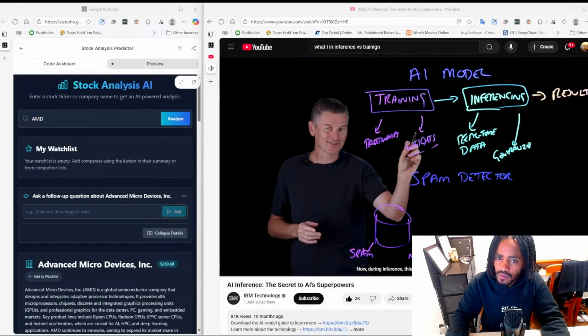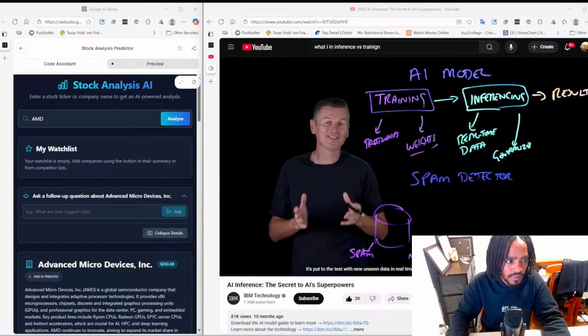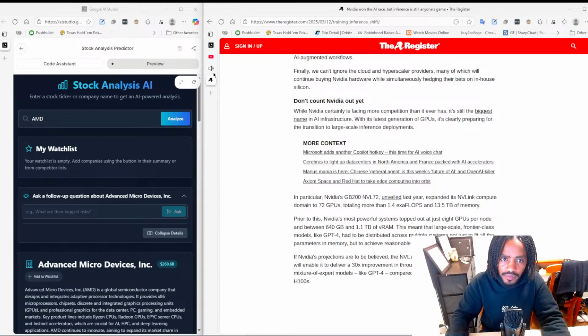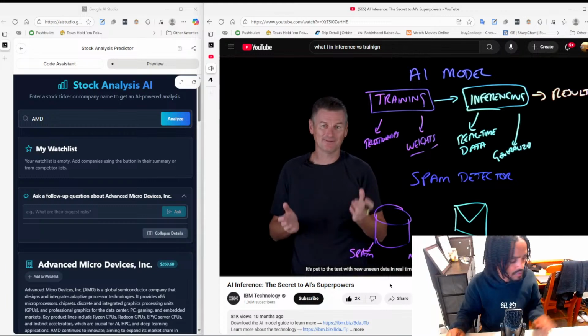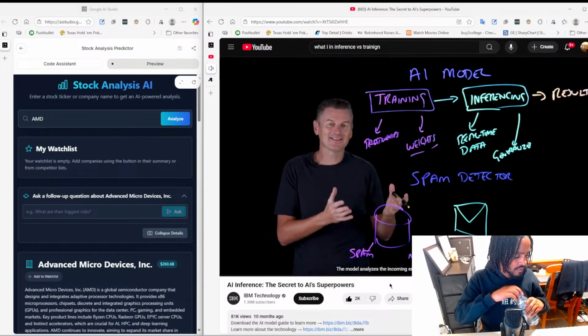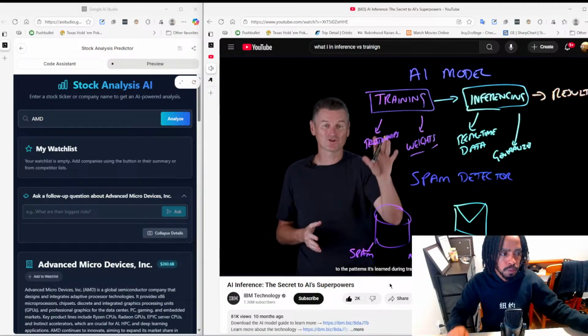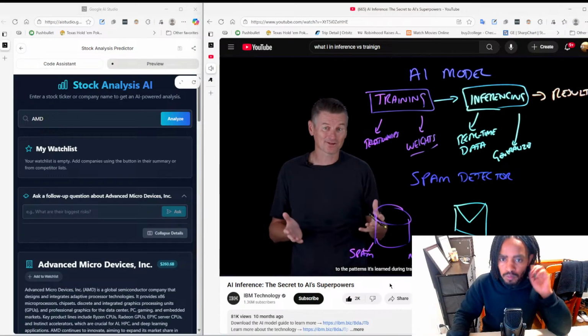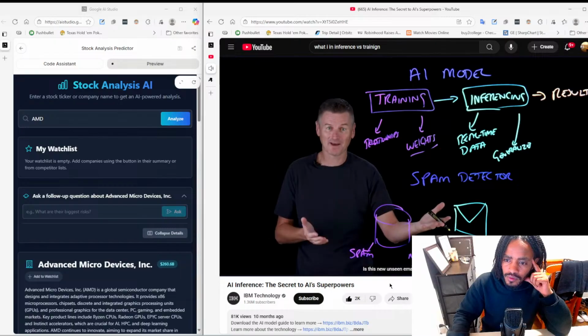Now, during inference, this model is put to the test with new unseen data in real time, like when a new email arrives in a user's inbox. The model analyzes the incoming email, comparing its characteristics to the patterns it's learned during training, and then makes a prediction. Is this new unseen email spam or not spam?